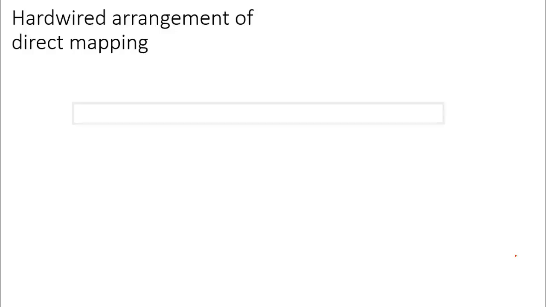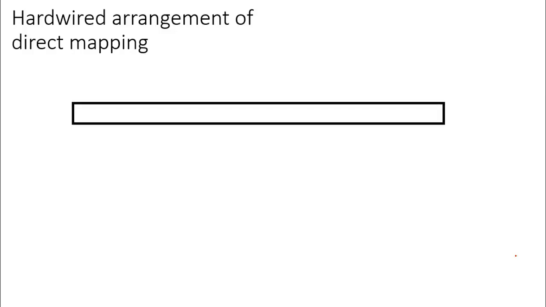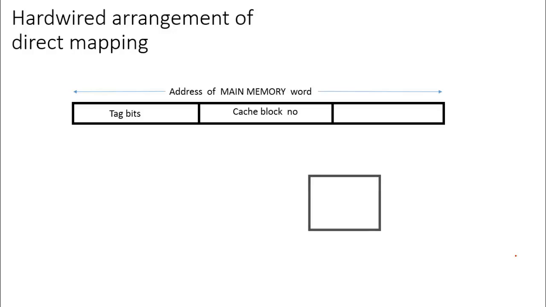Assume that this box is the address of physical memory or main memory, let's say the address of a main memory word. Now this is divided into 3 parts. The rightmost part is word offset, the middle one is cache block offset, and the leftmost is tag. Now the square box over here, we don't know exactly what this box is, but this box has some sort of database.